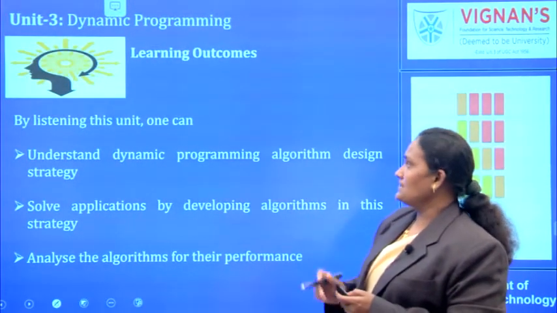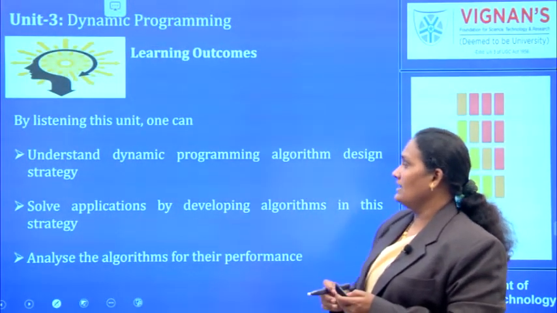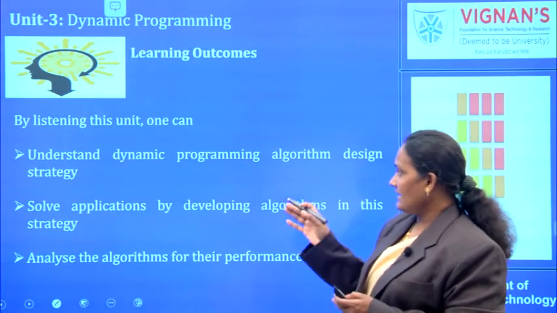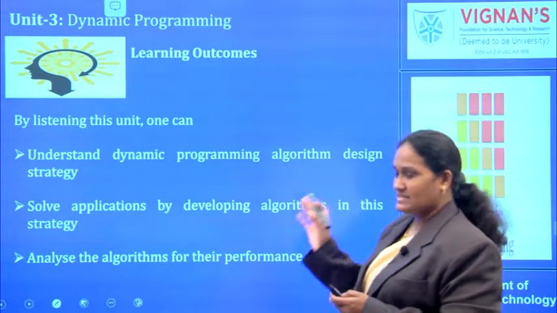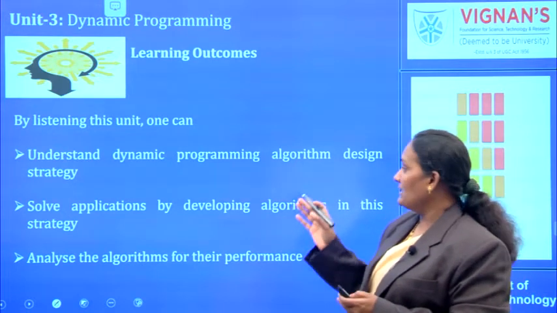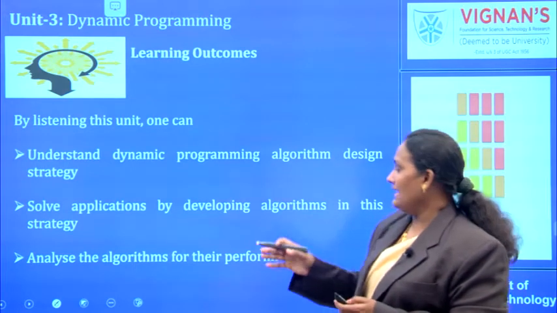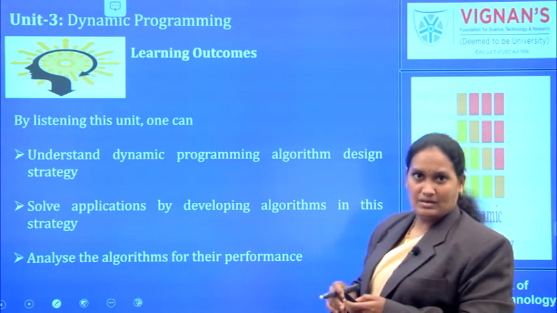The learning outcomes of this unit are to understand the dynamic programming algorithm design strategy, solve applications by developing algorithms in this strategy, and analyze the algorithms for their performance.